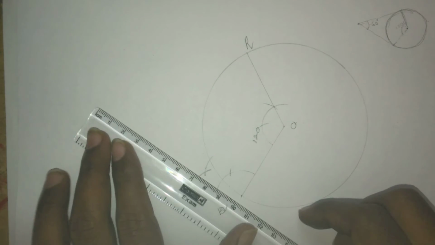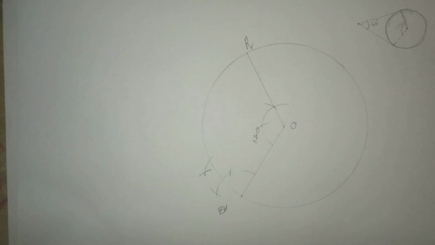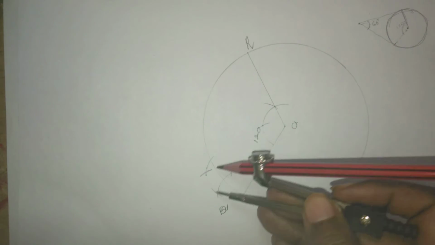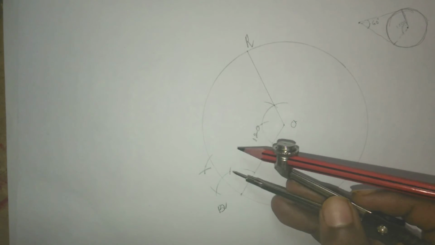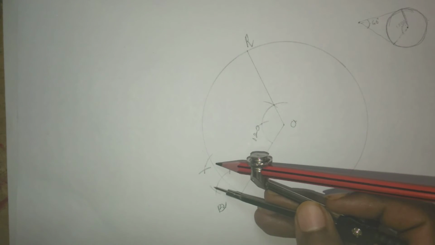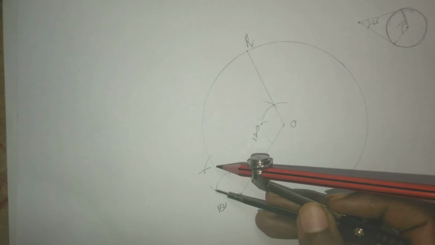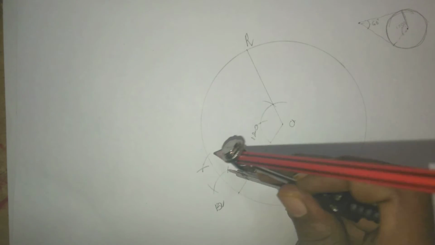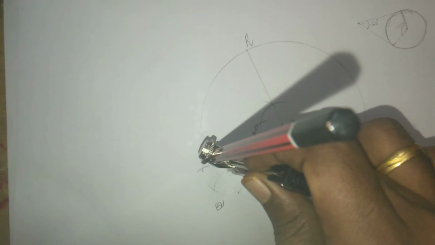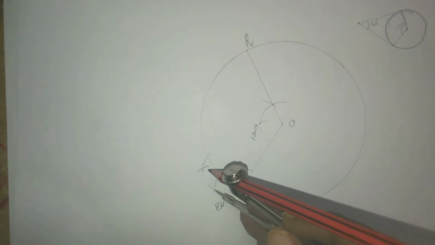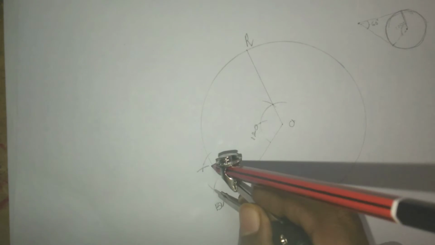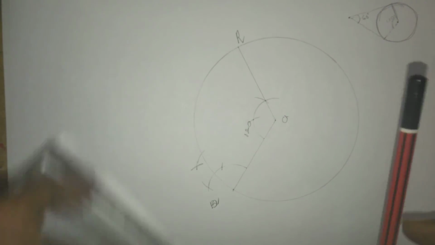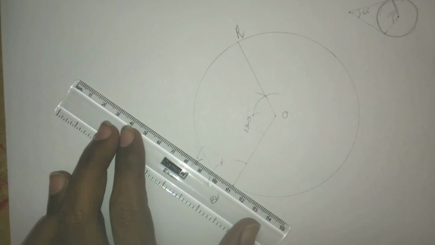After drawing 120, we have to bisect the 60 part, because 60 plus 30 gives 90. Keep your compass at any radius, draw one arc, intersect the arc, and draw a line passing through Q and this intersecting point.